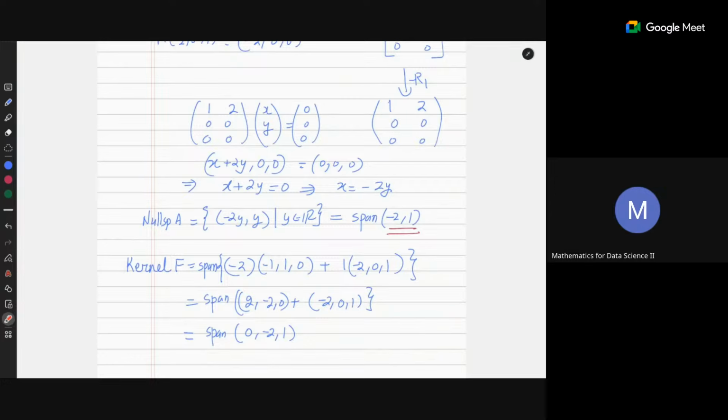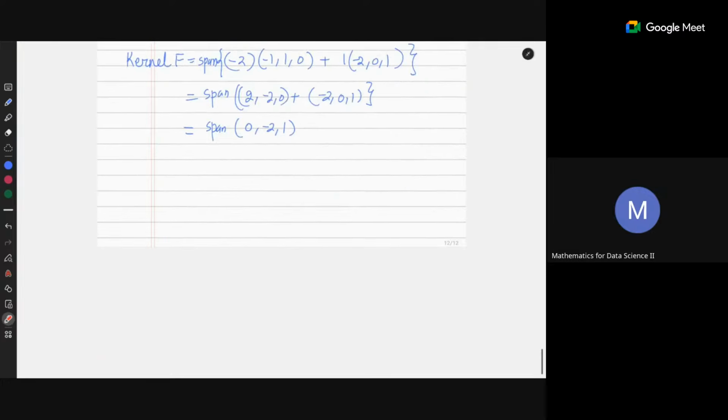Now you need to work with those coordinates and find the vector for each coordinate, for each vector in the null space. For each basis vector of the null space, you will get one basis vector for the kernel. Okay, so this is the algorithm.